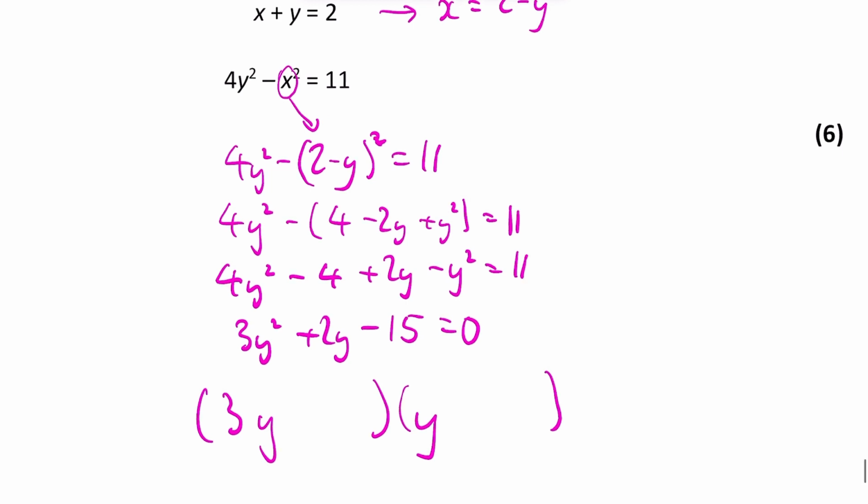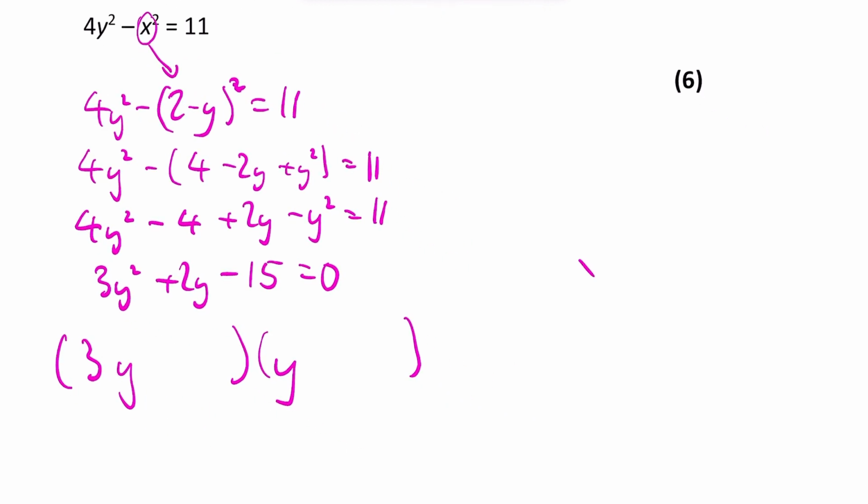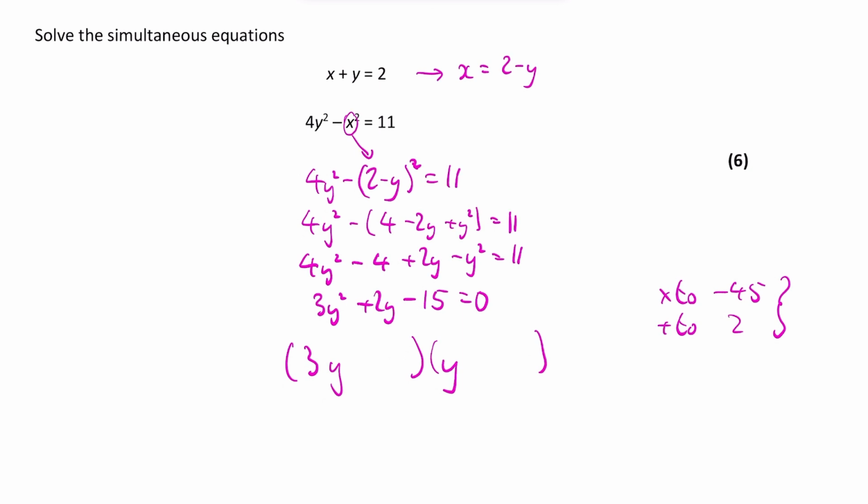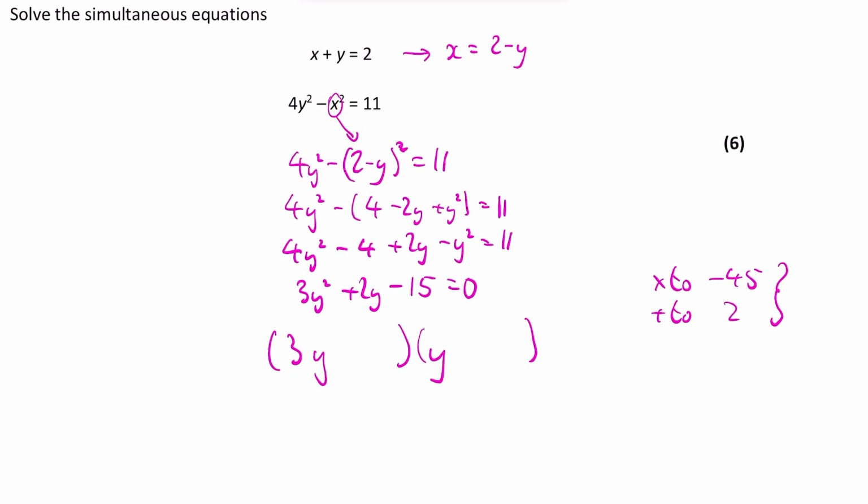Okay, the way that I normally do it is I need 2 things that times to negative 45 and add to 2, which would be 9 and 5 don't work, and 3, we might have potentially one that doesn't solve via factorisation.